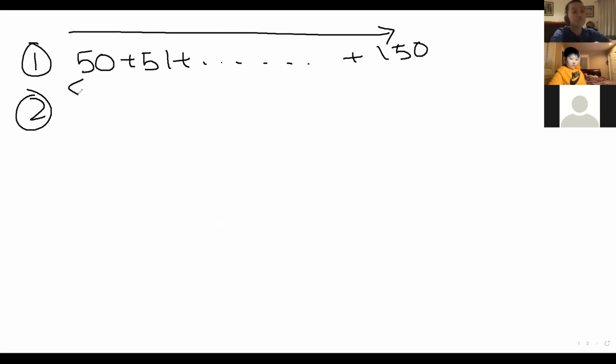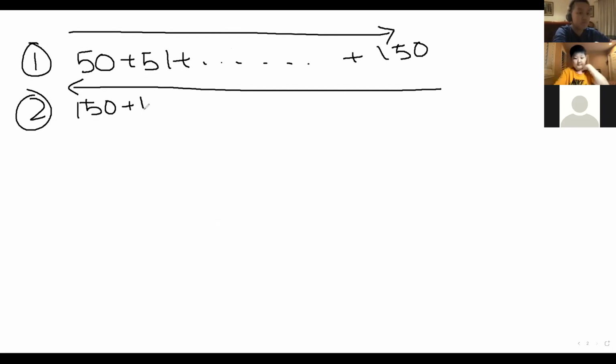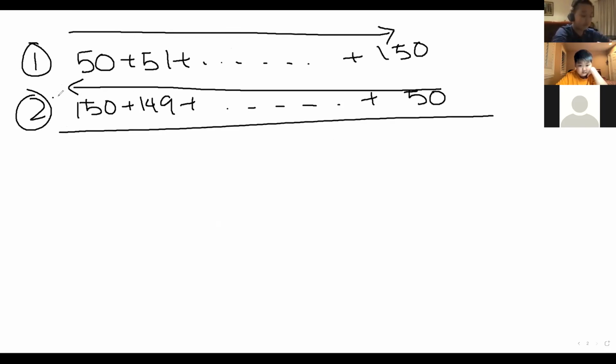The second row goes from biggest to smallest, right? So this is where we start with 150 and we're going down instead, when we added all of these numbers together. Because we're adding two sets of the same number, we essentially doubled our sum because we added it twice, which is why we divide by 2.